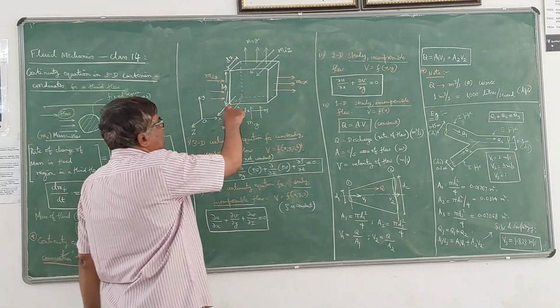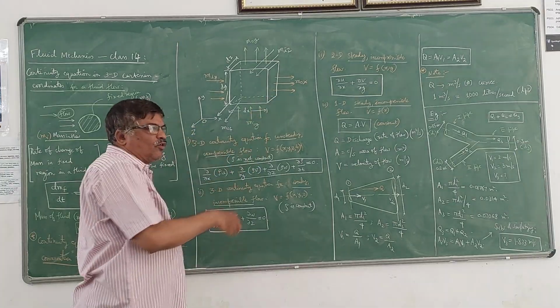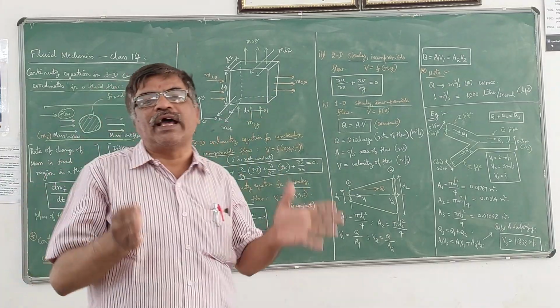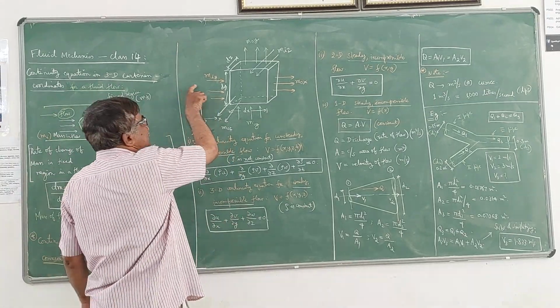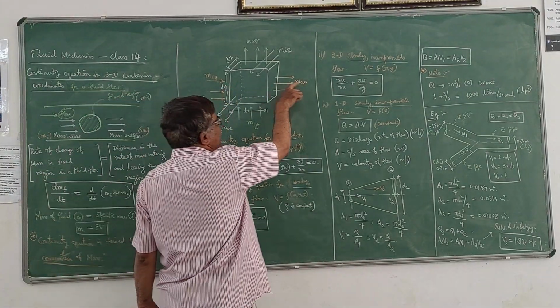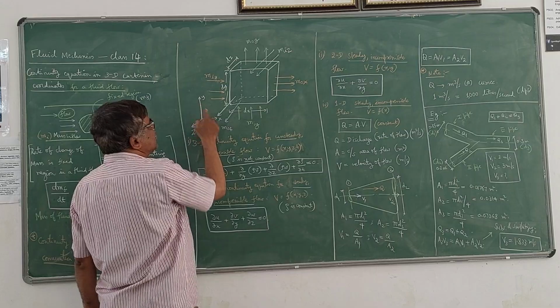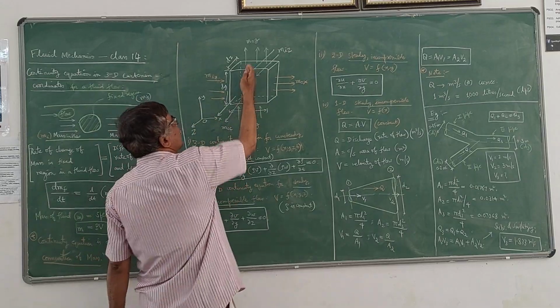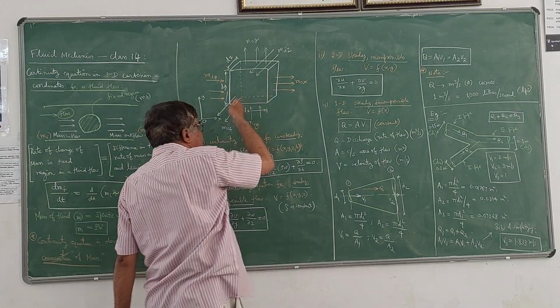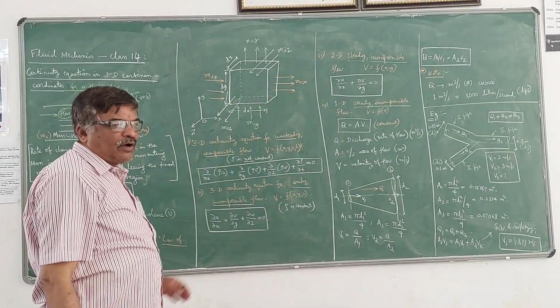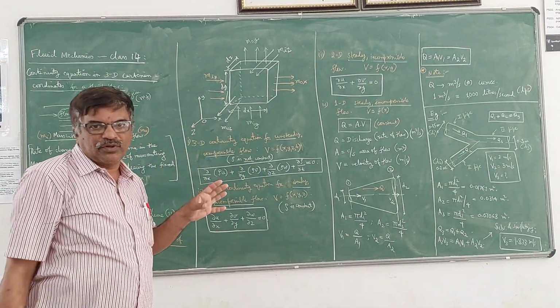Now, to this element, flow will be there from all three directions. In the x direction, this is the inflow, this is the outflow. In the y direction, this is the inflow, this is the outflow. In the z direction, this is the inflow, this is the outflow. I have shown the arrows.